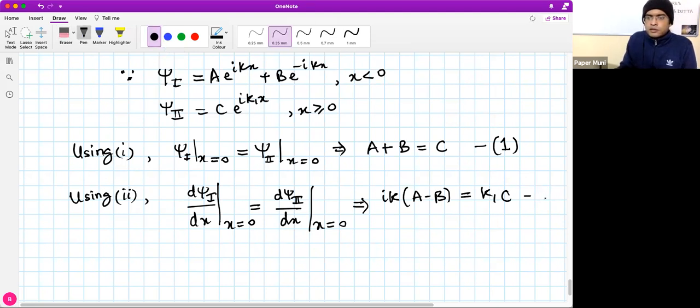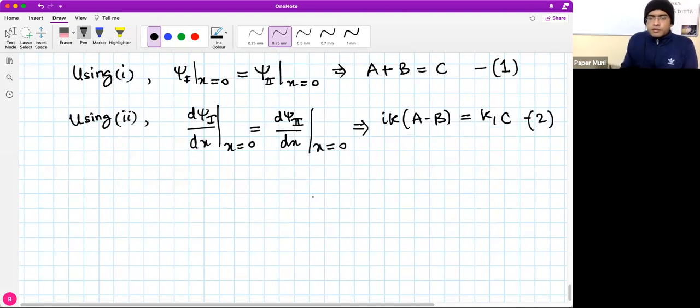This is number 2. Now there is i on both sides. So we can write a minus b equal to k1 by k times c. Let's label it 3. These are the two equations which we have.